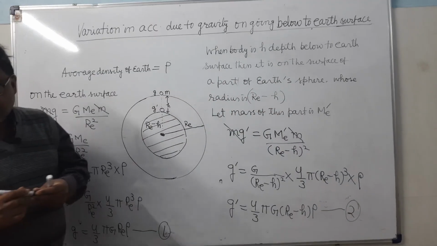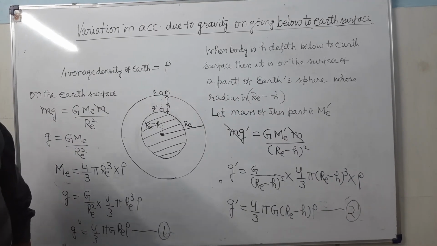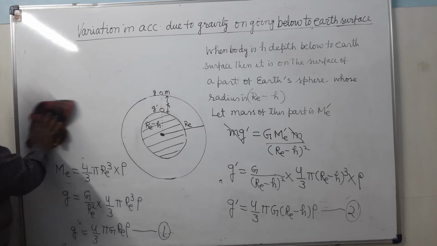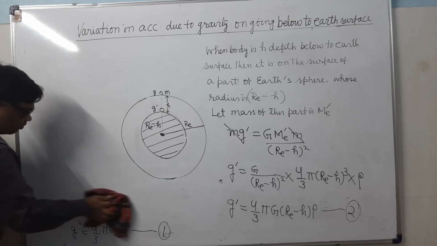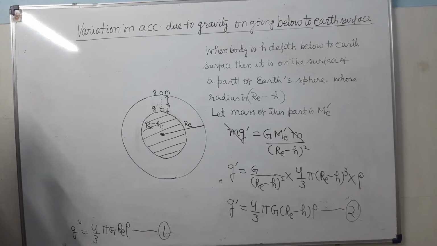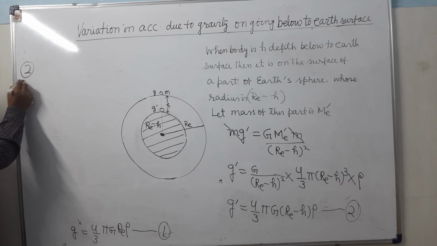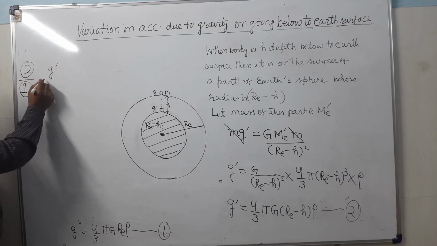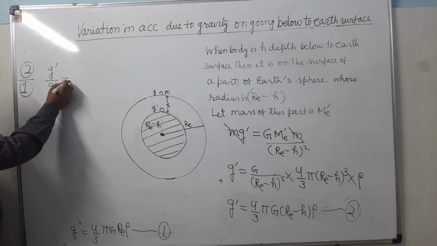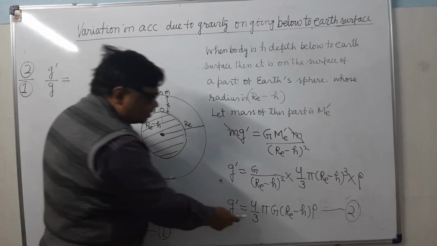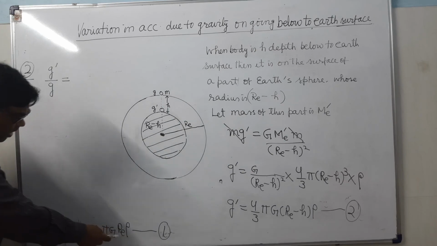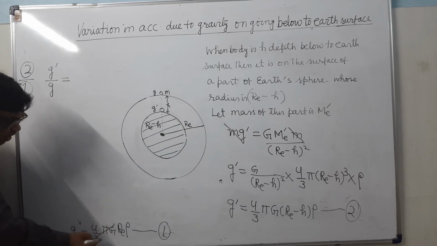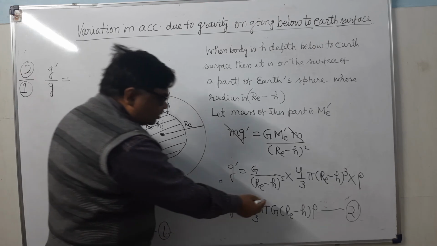Now see here, on dividing equation 2 by equation 1 side by side, that is 2 by 1, it will be g dash upon g. Now when we divide the right side by this, how much part will cancel? This and rho will be cancelled.